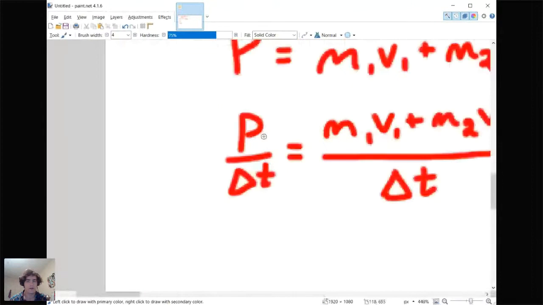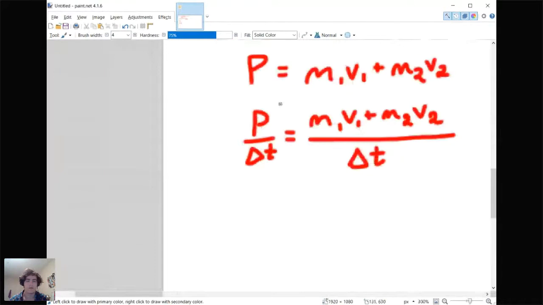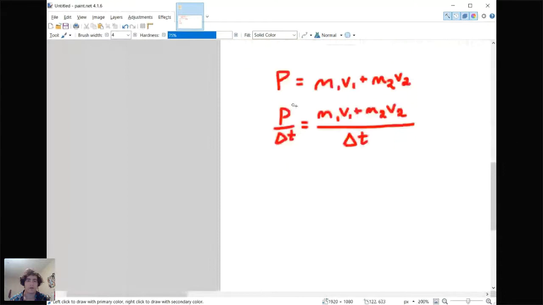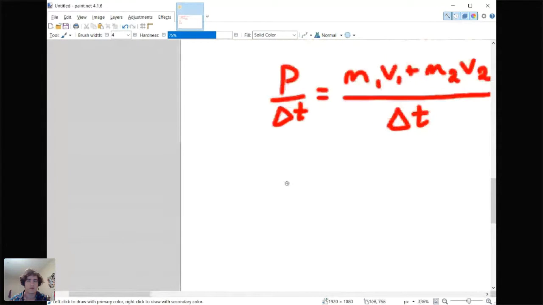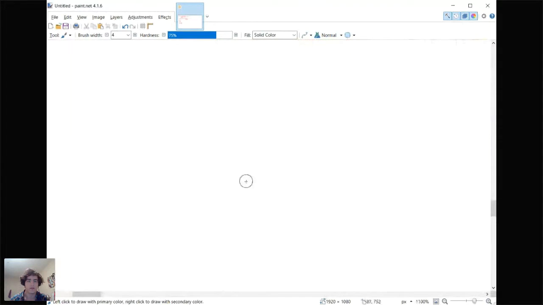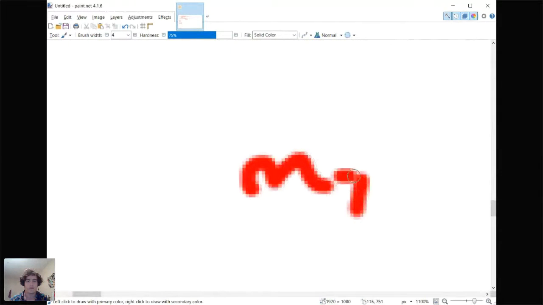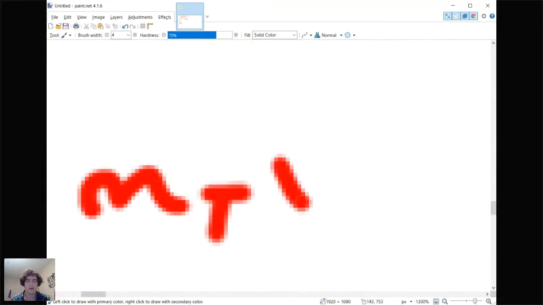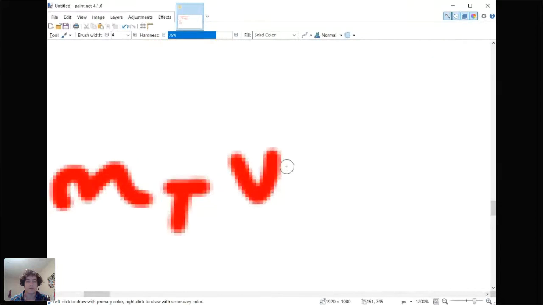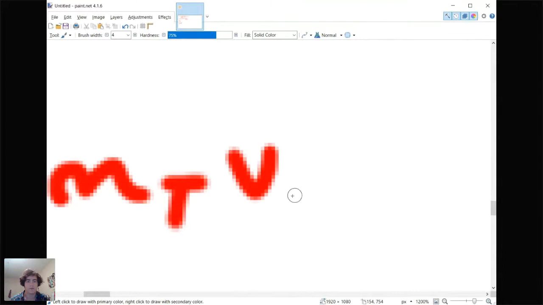Okay, so the next step is we're going to talk about this momentum right here, this quantity right here. So this total momentum quantity is going to be the total mass of the system. We'll say m sub t for total mass, times the velocity of the geometric center, or the center of mass of the system.